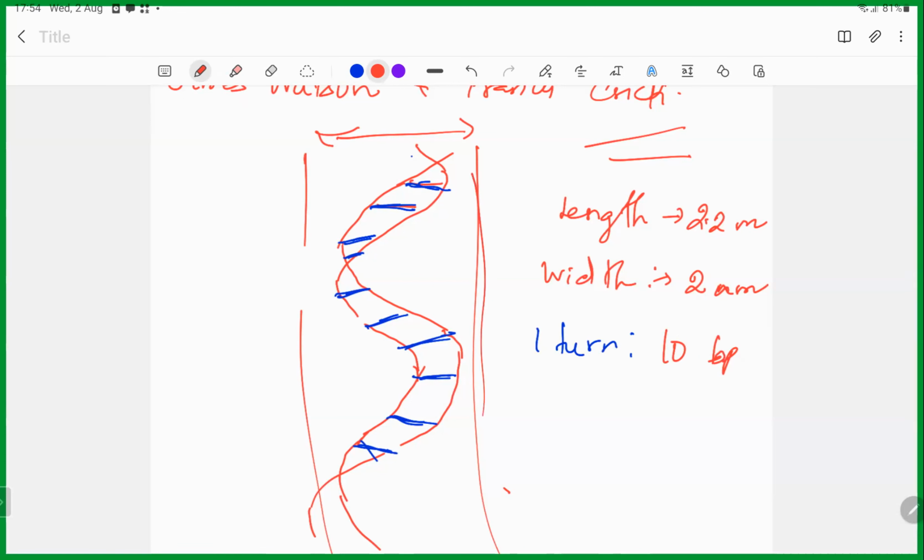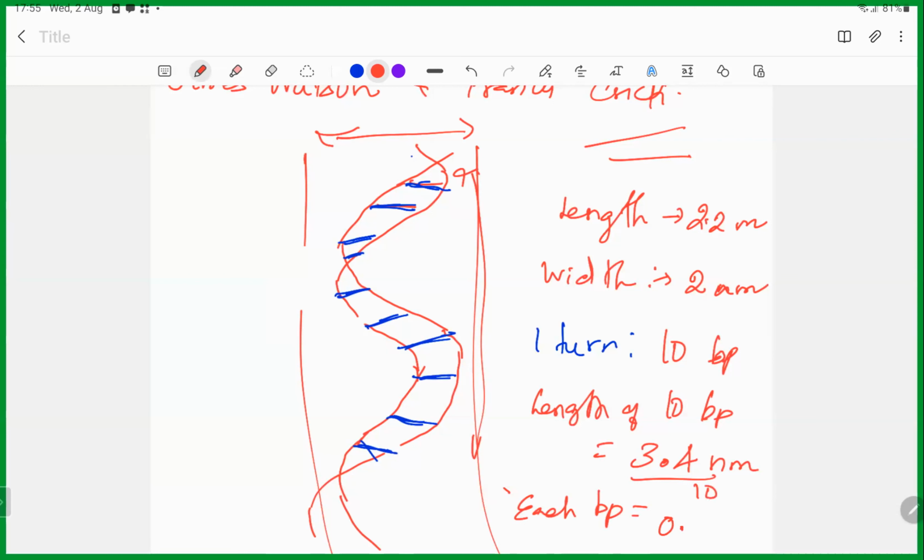The length of 10 base pairs is called what? The size, the length of 10 base pairs, is equal to 3.4 nanometer. Then the length of each base pair is how much? 3.4 divided by 10, it is 0.34 nanometer.